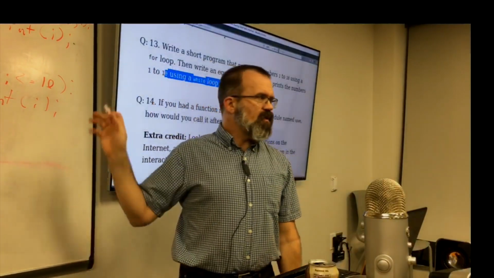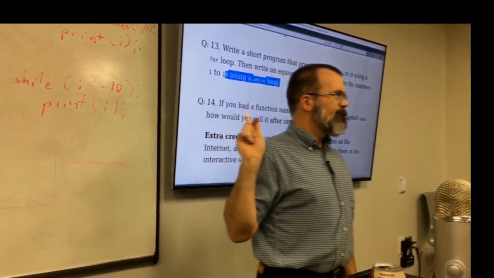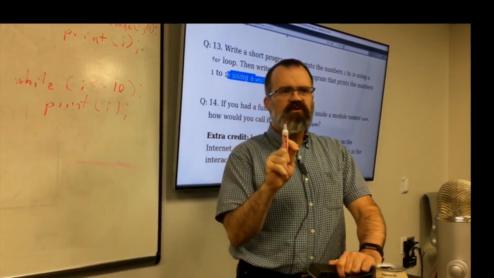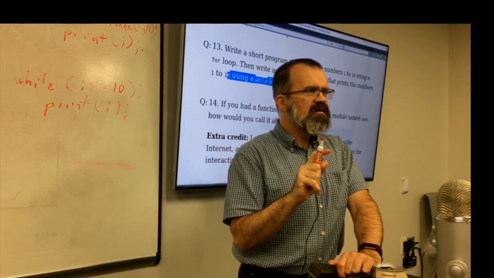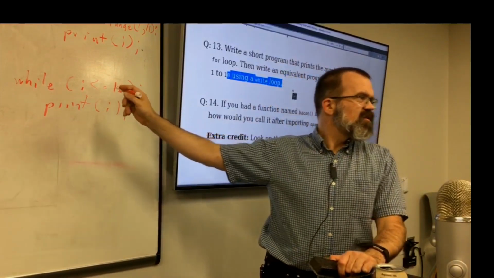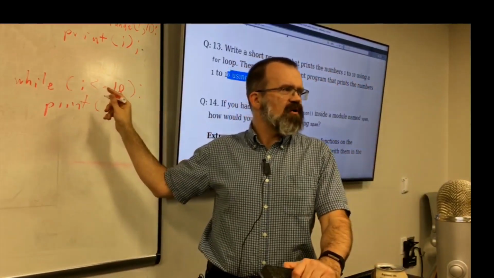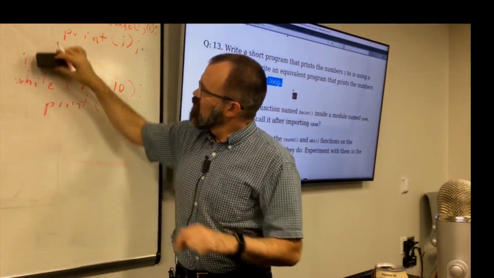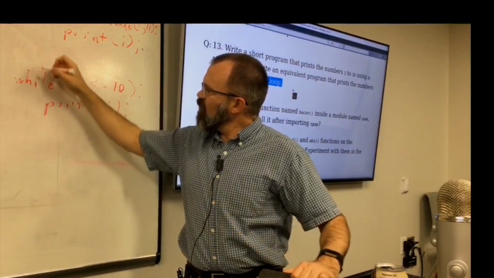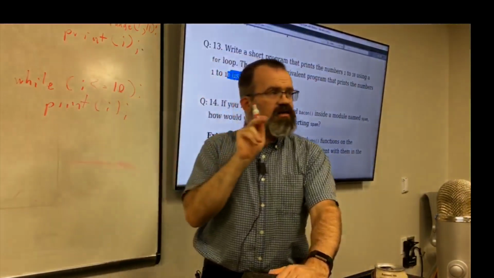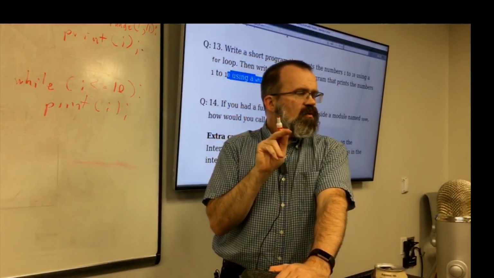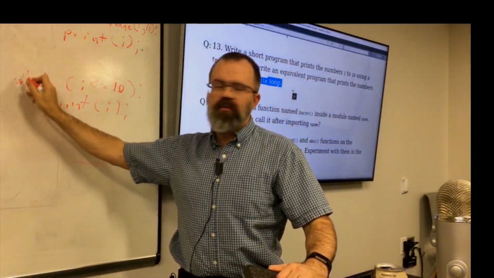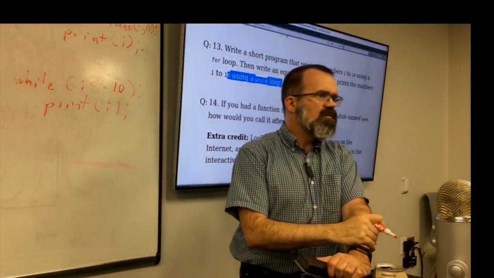All right. Will that work? No. Why? There's a couple of reasons why. We don't know what i is. So this can never evaluate correctly the first time. So if I'm writing this initialization line, where should I put it? Should I put it in line with the p on the print or in line with the w on the while?